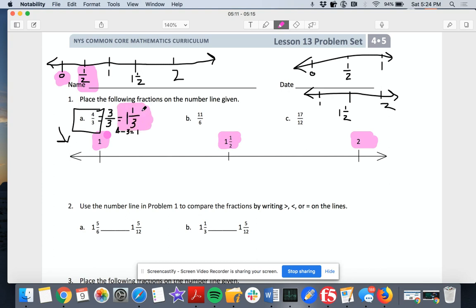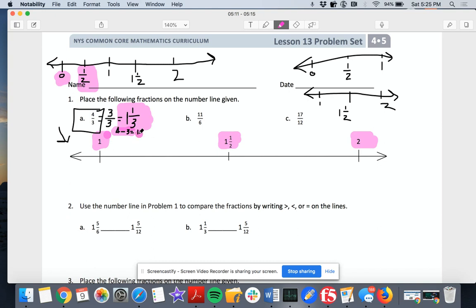How did I get that really quickly? Well, I know for sure that 3/3 is equal to 1 because the numerator is equal to the denominator. They're the same exact number, so they both equal 1. And then I still have some left over because I have 4/3. So I subtracted 4 minus 3, which is 1.